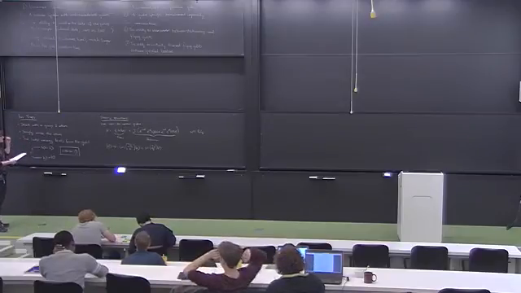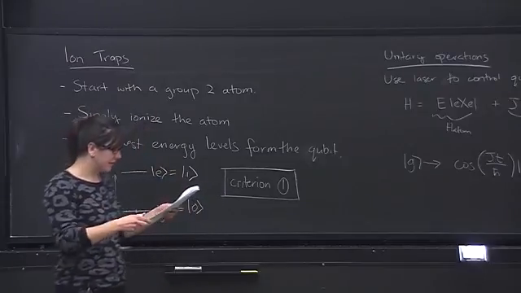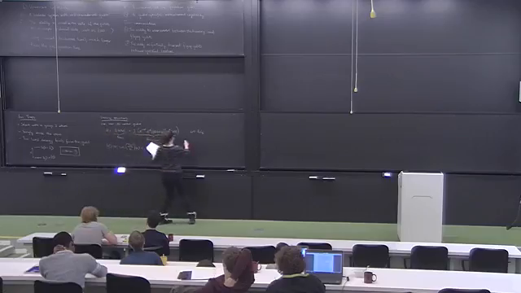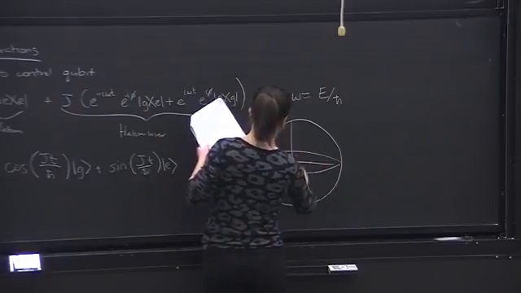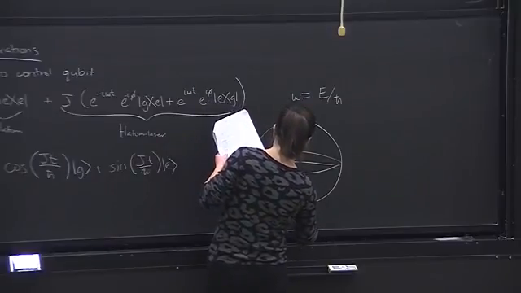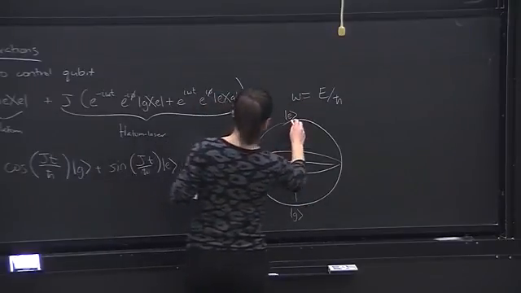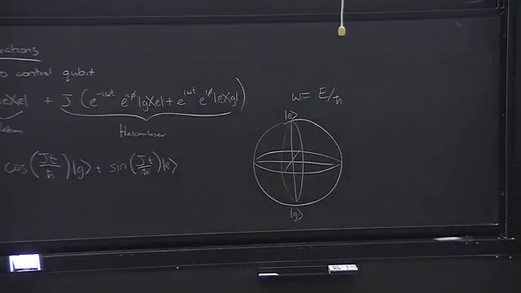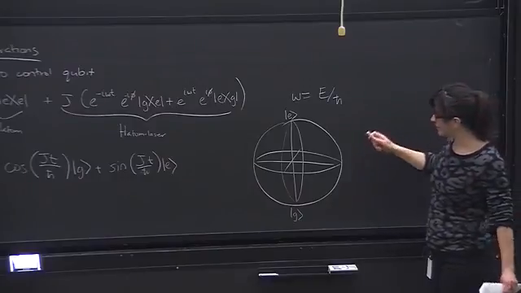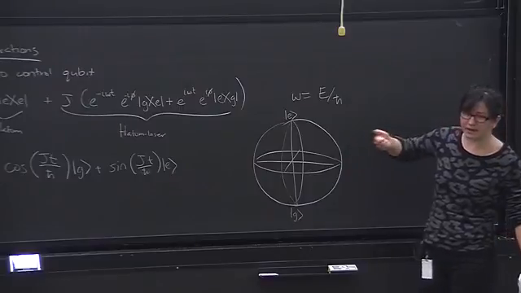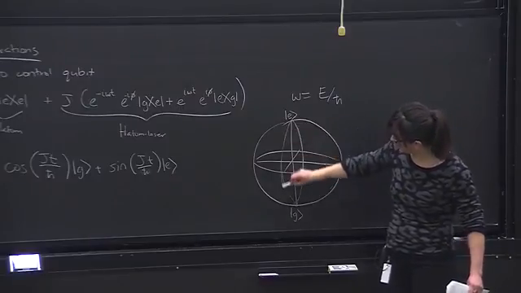Okay, so we can see that the ground state probability is going to just oscillate sinusoidally. And if we want to look at the Bloch sphere and see what happens, we see that we start off in the ground state, and then as you're shining the laser on this thing, it's going to go up here and then come back down.